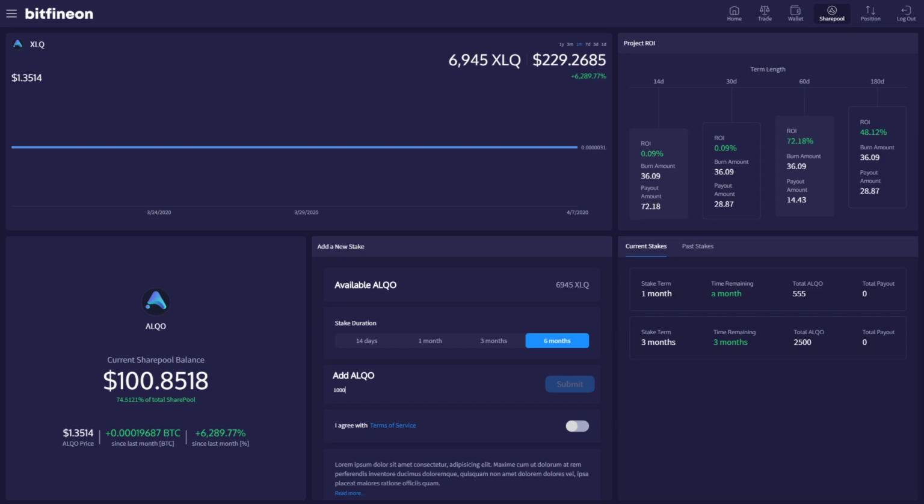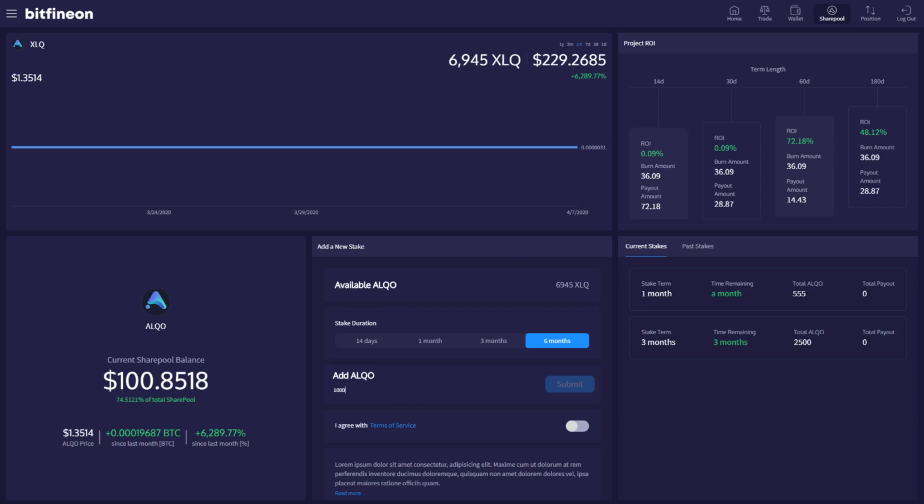Because they're taking on more long-term risk, putting a larger degree of faith into our ecosystem and really becoming a long-term holder, at least for 6 months, of XLQ. So we want to incentivize and reward those people for their belief in us. We're going to be rewarding them through an additional trading fee discount.